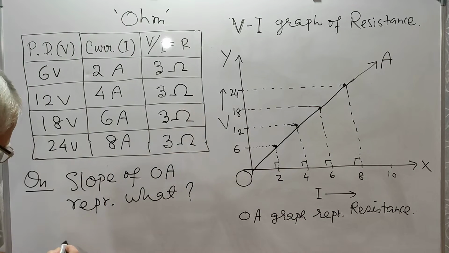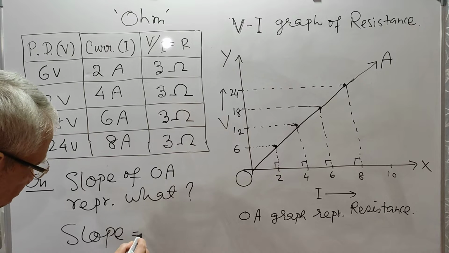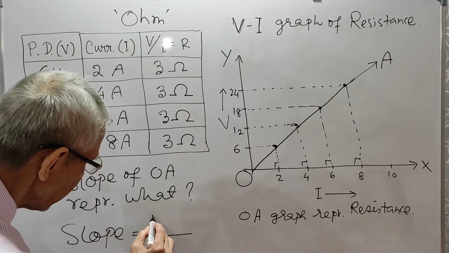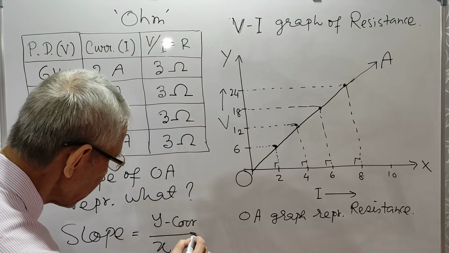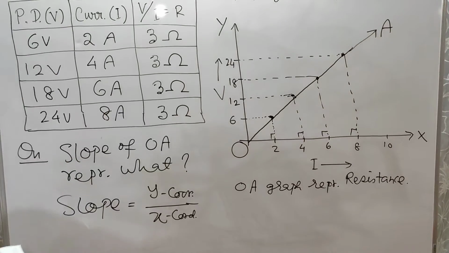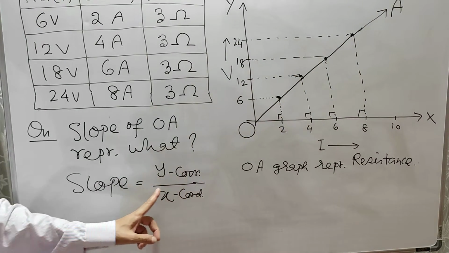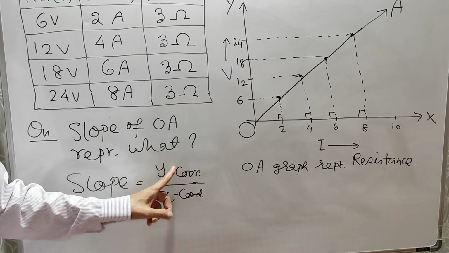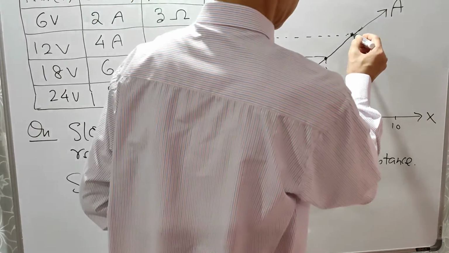So slope is y coordinate of a point divided by x coordinate of that point. Take a certain point, and the ratio of y to x is the slope.